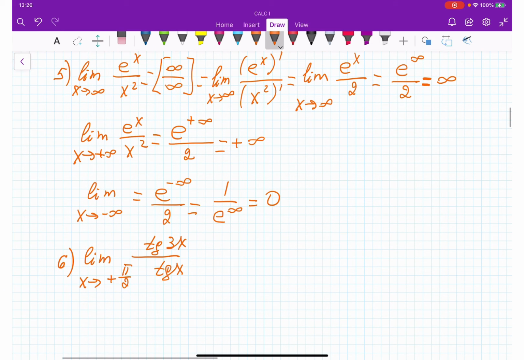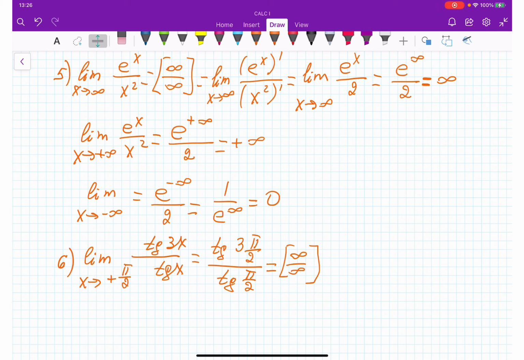Okay, so if we plug in half pi, tangent of 3 times half pi, doesn't matter, you still end up with the tangent of half pi, positive infinity. So we end up with infinity over infinity, right?